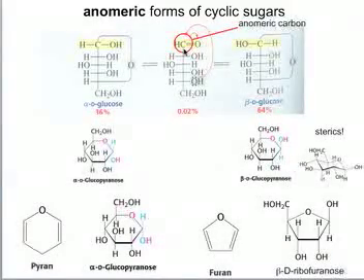In this case, again, that's going to be carbon 1, although it doesn't have to be. So the cyclization occurs when this hydroxyl attacks the carbonyl carbon. This hydroxyl oxygen then becomes part of the ring. So when we see these ring structures here, this now is our hydroxyl oxygen, and our carbonyl oxygen, or our anomeric oxygen, has become a hydroxyl.